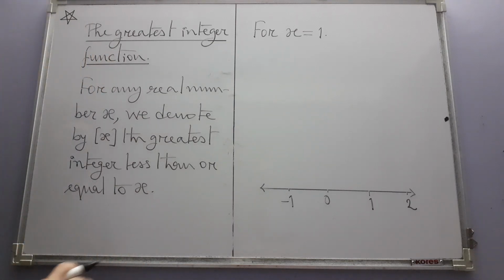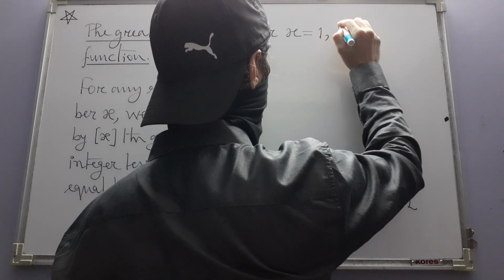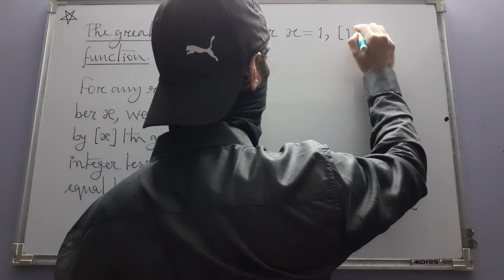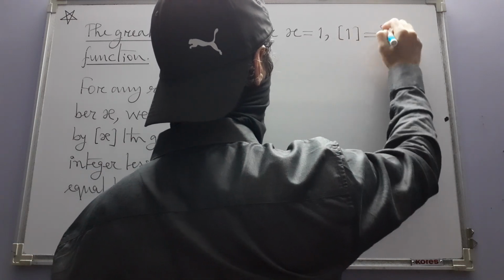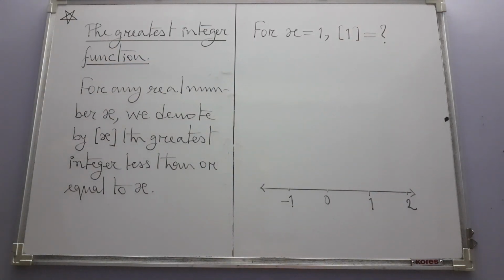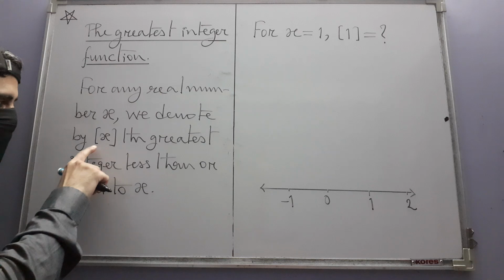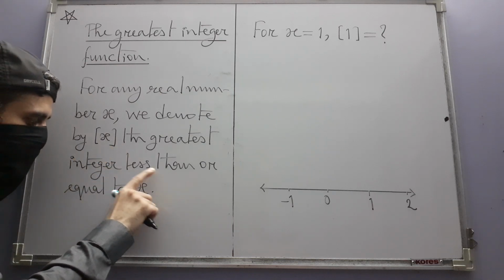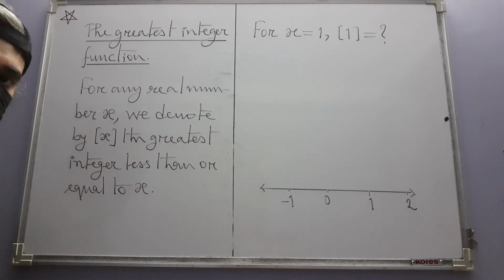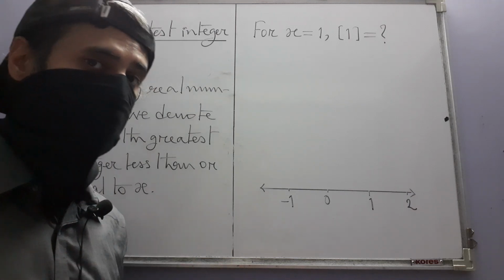What does it say? What should this be? This should be the greatest integer less than or equal to 1. What are the integers?